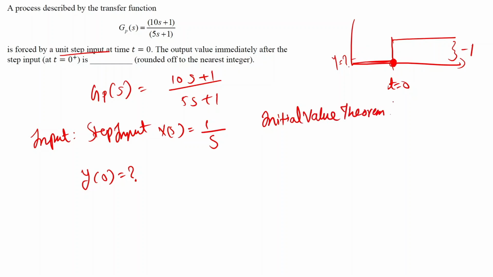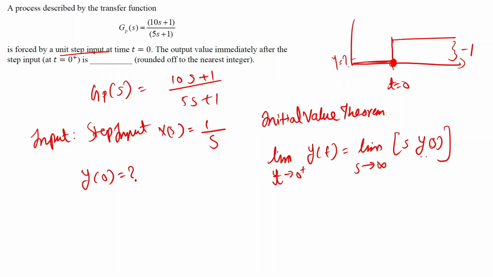By the initial value theorem we can write that the value of the output at time t tends to 0 plus can also be written as the limit s tends to infinity of s·y(s).